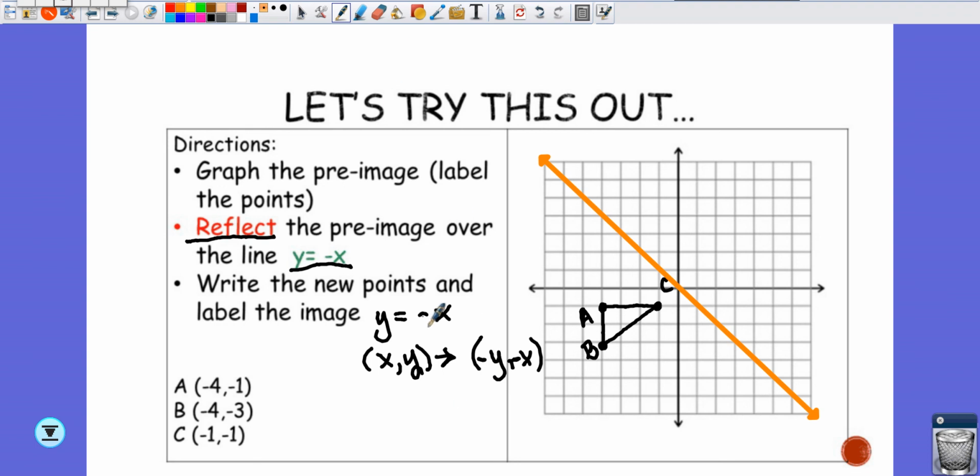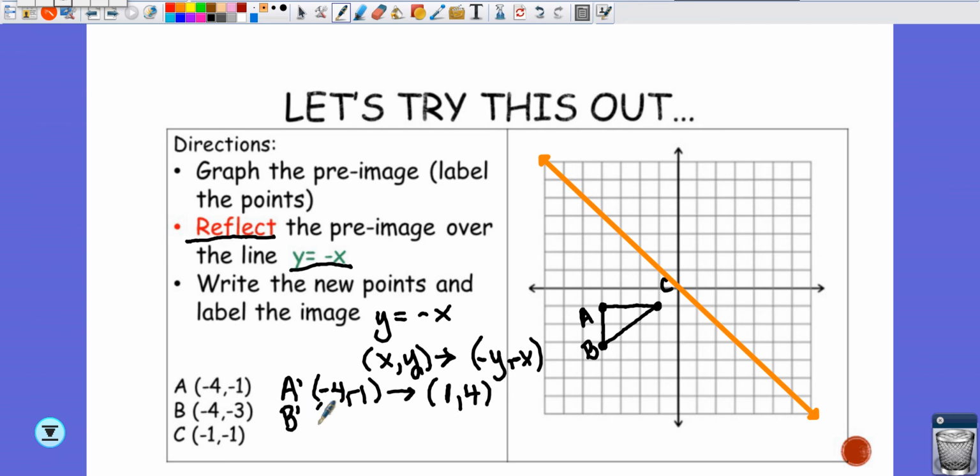So if the negative is there, you still switch x and y, and then you take the opposite of the numbers. So in order to get A prime, I'm going to take -4 and -1, and I'm going to switch them and take the opposite. So y was -1, so I make it +1, and x was -4, so I make it 4.